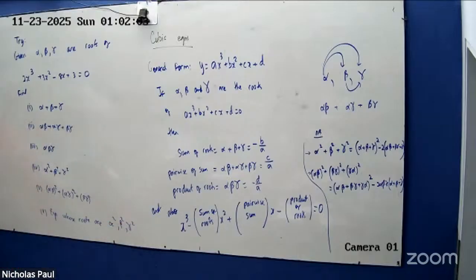Ready? So write this cubic down and let's find each one of these together. Real easy. Copy it down and then we're going to find each part together.